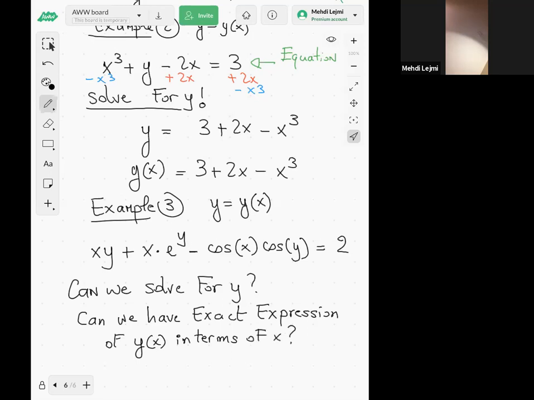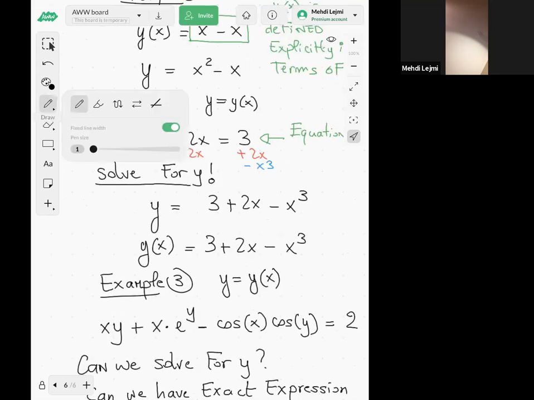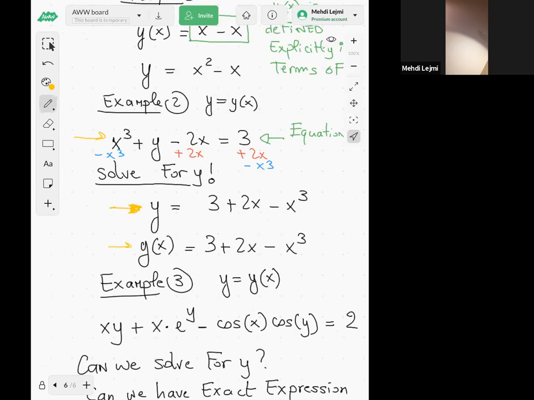You see, in the previous example, I had x cubed plus y minus 2x equal to 3, and it's easy to solve for y. My function y of x is equal to 3 plus 2x minus x cubed.